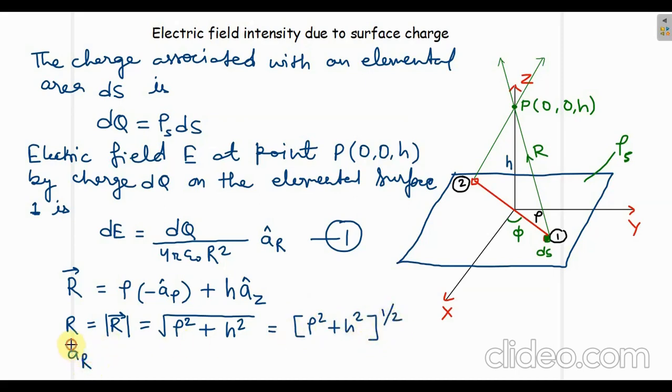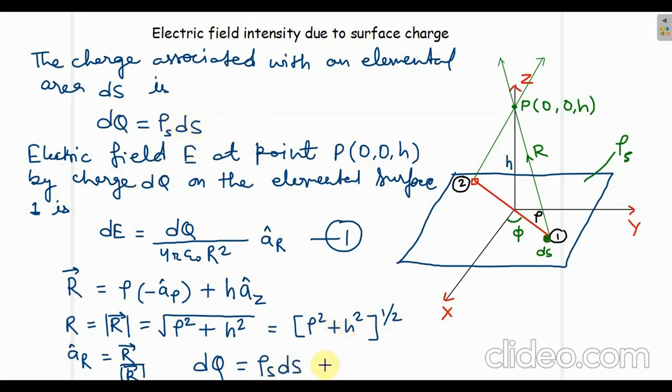As I have told you earlier also, a unit vector is the vector divided by its magnitude. So a r is the r vector upon its magnitude. And what is dq? dq is the elemental charge, rho s ds, that we have seen here.